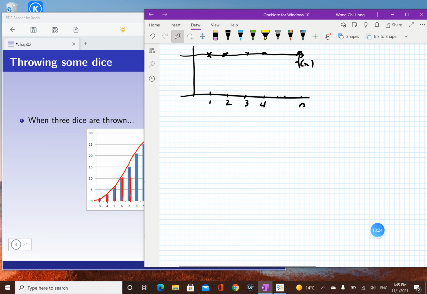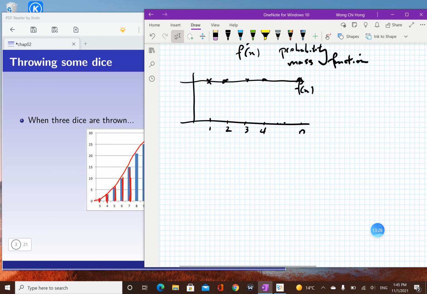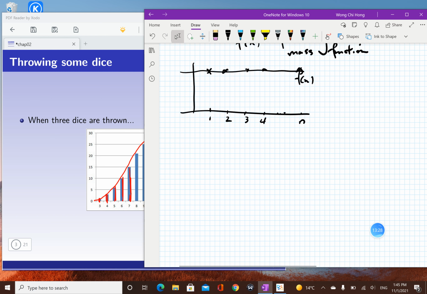What other features do we need for our probability function? Okay, another thing that we can consider is the cumulative probability. Okay, the function is what we call the cumulative distribution function.